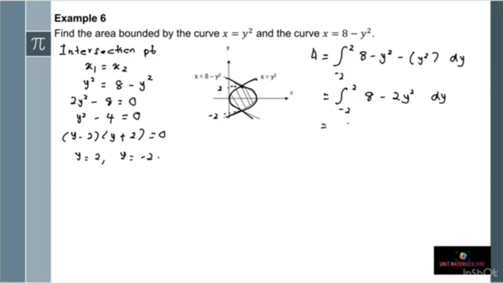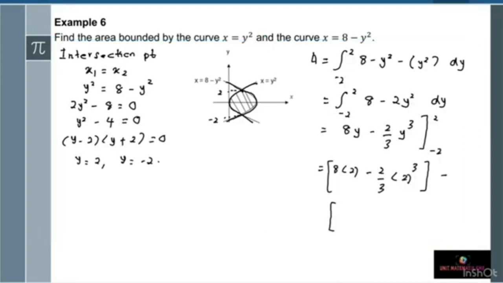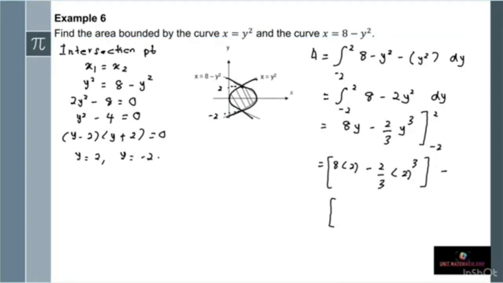We integrate this and should have 8y minus 2 over 3 y cubed, from negative 2 to 2. Next we substitute values: 8 times 2 minus 2 over 3 times 2 cubed, minus 8 times negative 2 minus 2 over 3 times negative 2 to the power of 3.